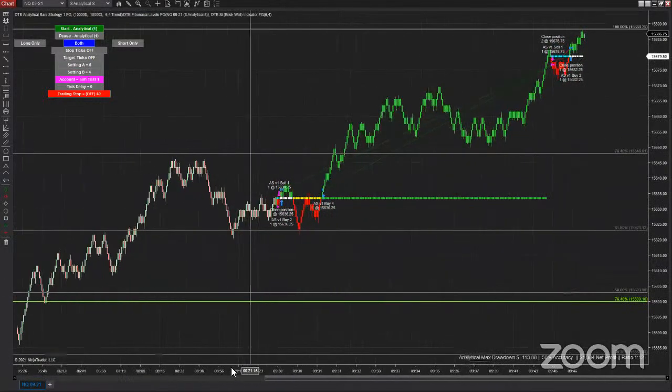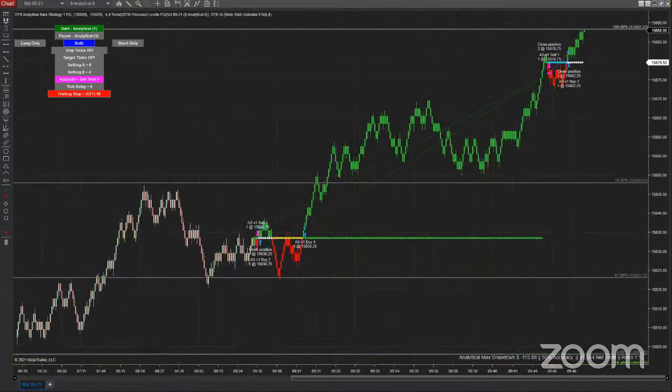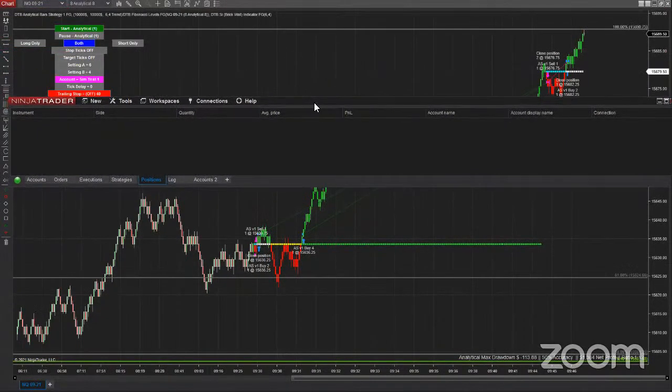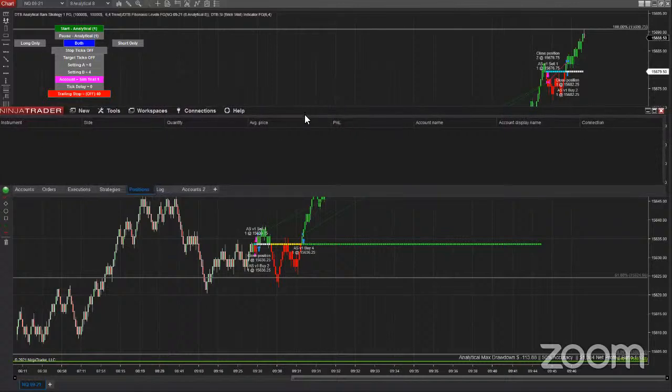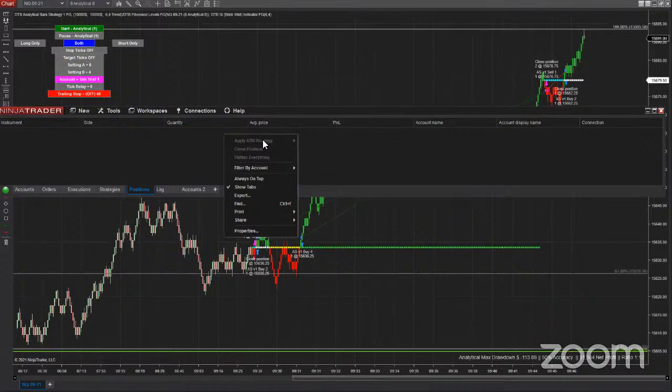So I'll explain to you what I wanted to show you. I worked with this today. It was pretty good. So if you've got a position open in your strategy, which we'll see if one opens in a moment, you can right click on it and go apply ATM strategy and then select one of your strategies that you've created.